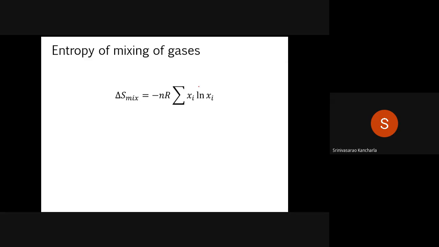Here N is the total number of moles of the gases, R is the gas constant, and xi is the mole fraction of any one single component. So remember this formula.